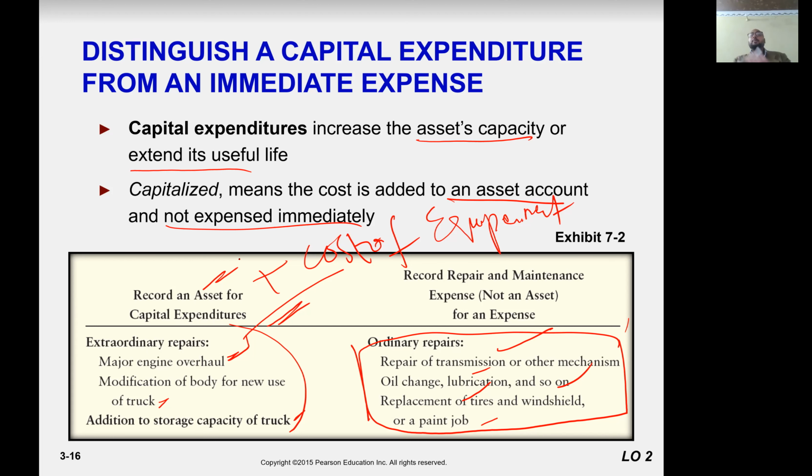For example, you newly install the body of your copying Xerox machine, or you change its machine parts which increase the life of this Xerox machine, or you install a part with the latest technology inside the Xerox machine, and you paid something. So that would be added to the cost of the Xerox machine, rather than going to the income statement.